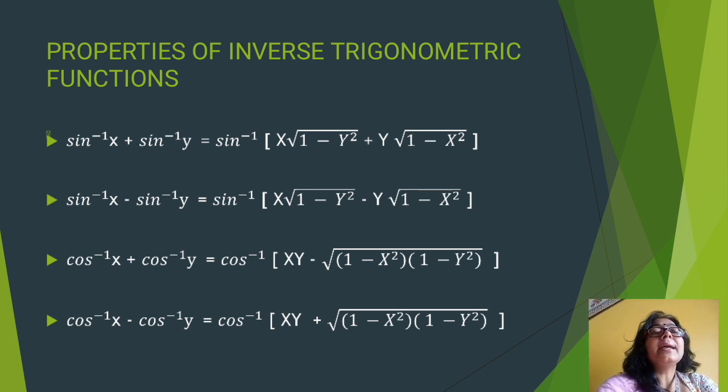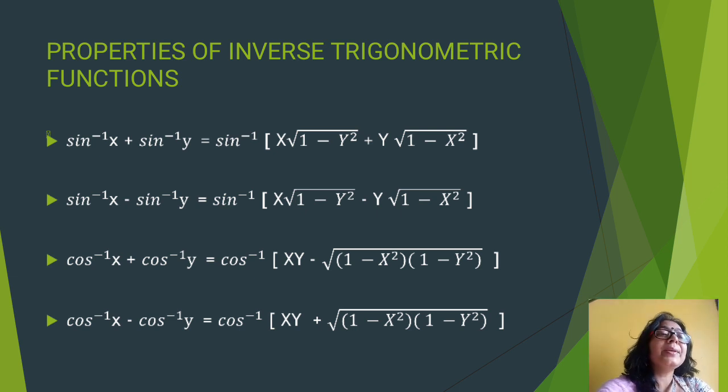That is, sin inverse x plus sin inverse y is equal to sin inverse in bracket x into root over 1 minus y square plus y into root over 1 minus x square. Next is sin inverse x minus sin inverse y, same formula, just a difference in sign. That is sin inverse x into root over 1 minus y square minus y into root over 1 minus x square.